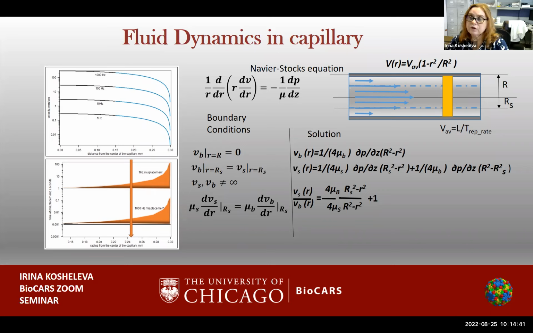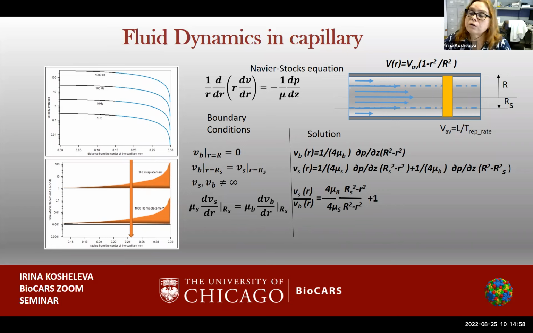I will not go through the equations, but I would like to say that the important boundary condition which creates a lot of problems is that the speed of the liquid at the boundaries with the capillary equals 0.